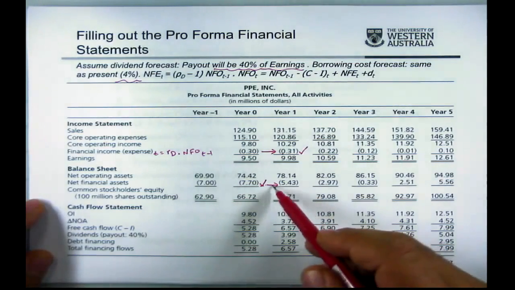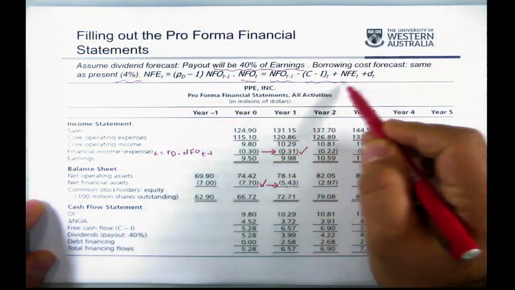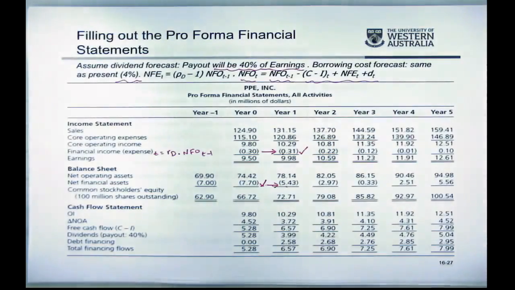Very simple. For NFO in the next year, we use this formula. Do you remember these equations? When we first introduced them, I told you these equations are very important for forecasting purposes. I told you these relations are very useful to do the forecasting.